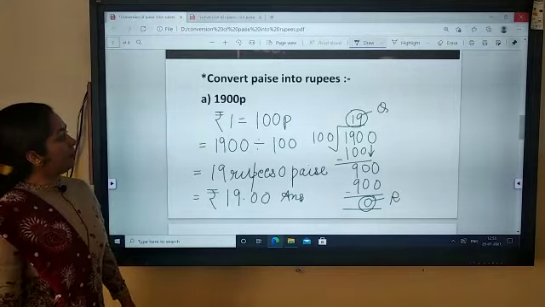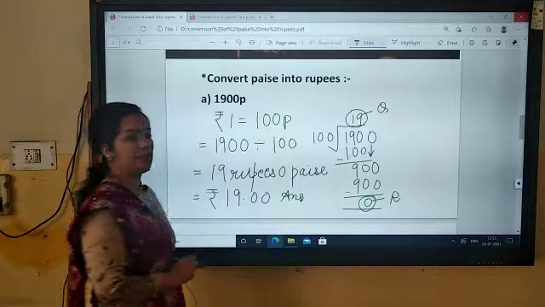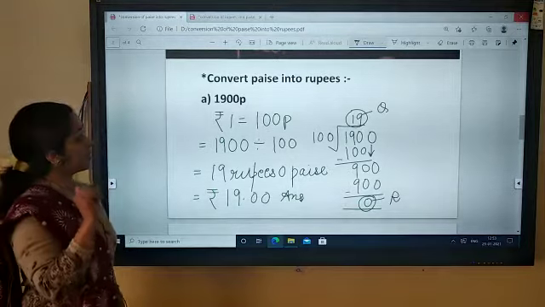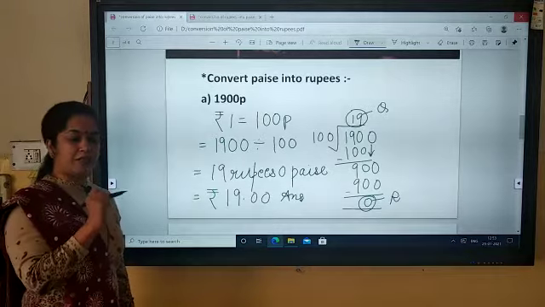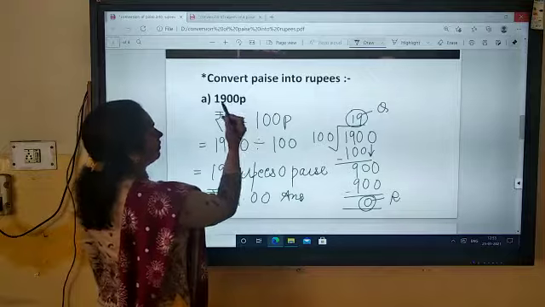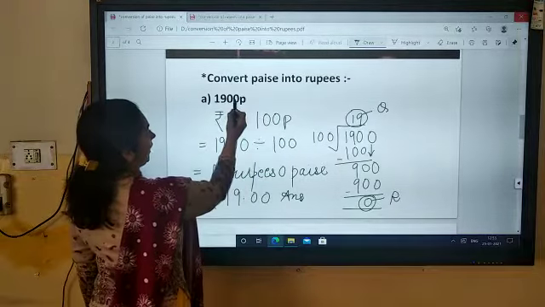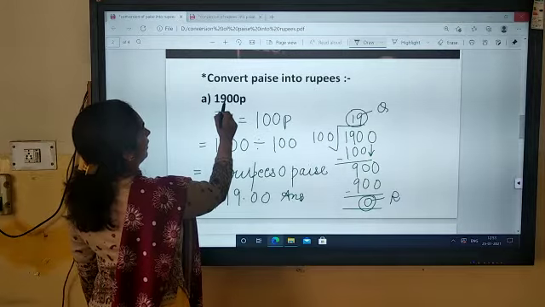Now we will solve this sum with the second method also. What was that? We just put a dot after counting 2 digits from the right hand side. 1900 is given. We count 2 digits, 1, 2, and then put a dot here.